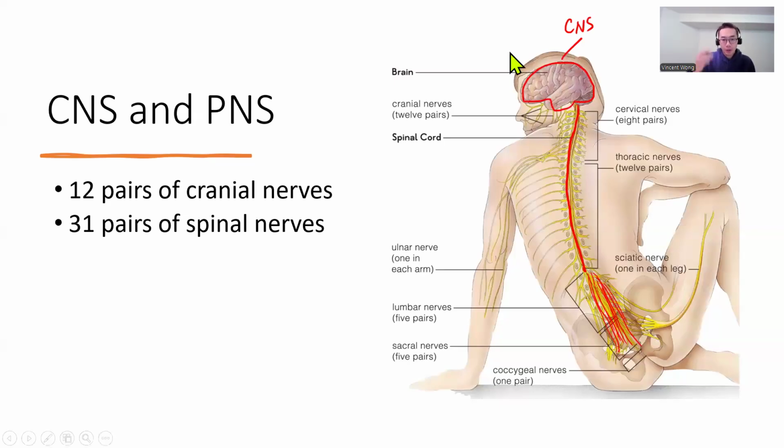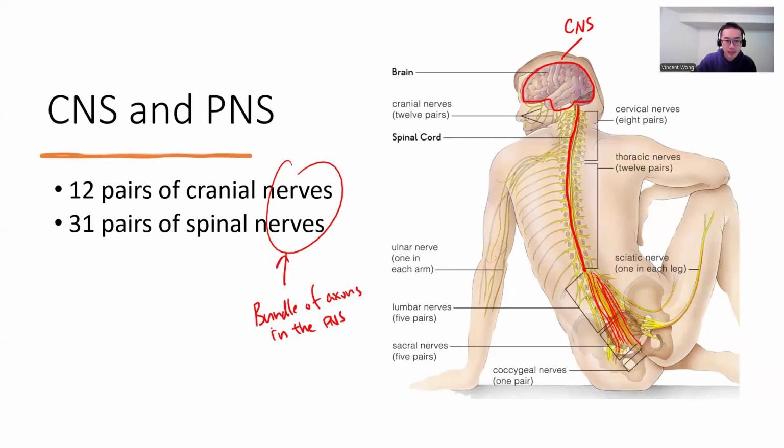There are nerves, which are once again just a bundle of axons in the PNS. So you would have nerves that are coming out directly from the brain. These nerves, they go everywhere.